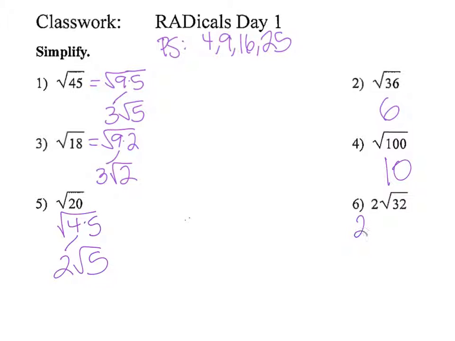So it's 16 times 2, and the 2 stays on the outside. What's the square root of 16? It's 4. Rad 2 stays all alone. 4 radical 2 is my final answer for number 6. All right, go on to number 7 without me. Keep working.